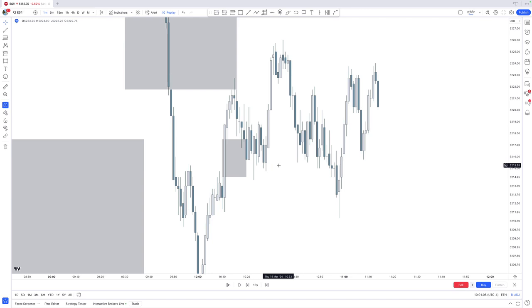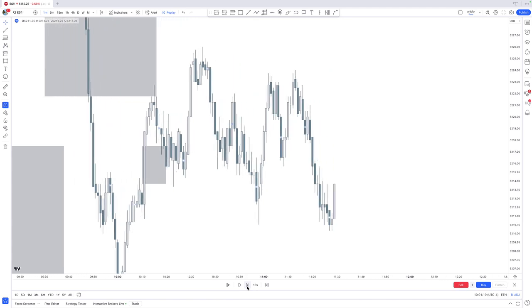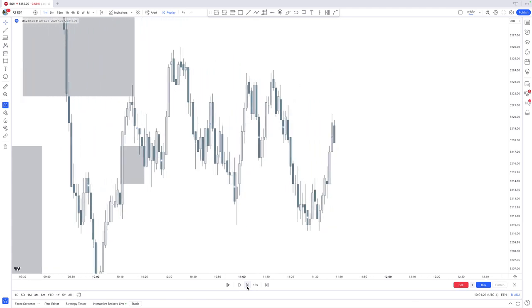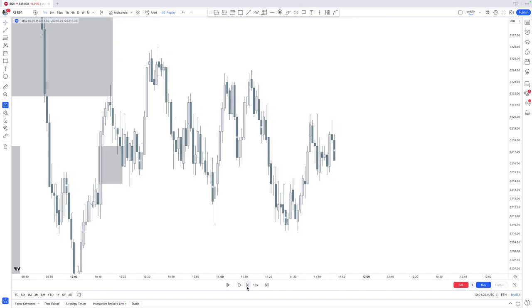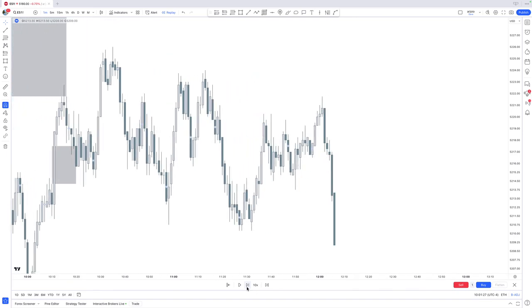So why is this important to understand, and what are different factors as well that we need to take into account? The reason this is extremely important to understand is because we do not want to trade 50-50 price action. We do not want to trade price action if it's not actually moving anywhere. Because if it's not moving anywhere, then it will also not hit our take profit. It will most likely hit our stop loss before it hits our take profit.